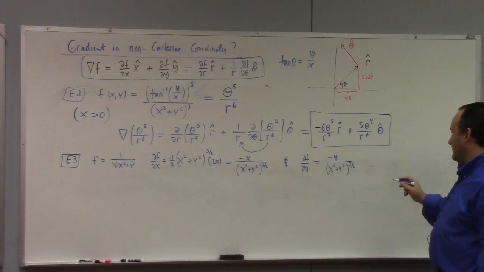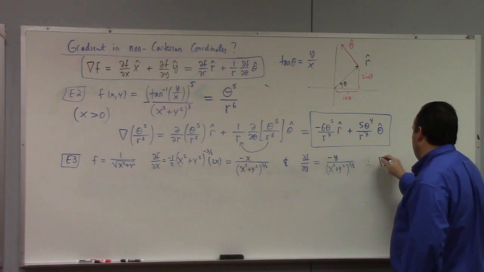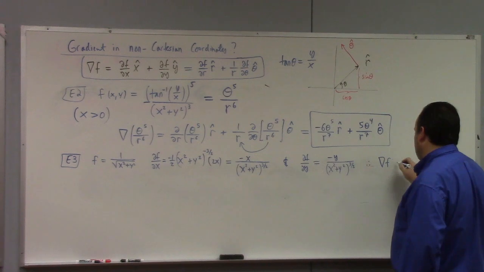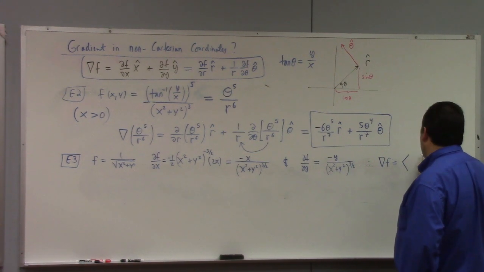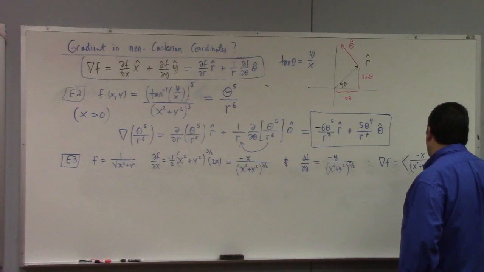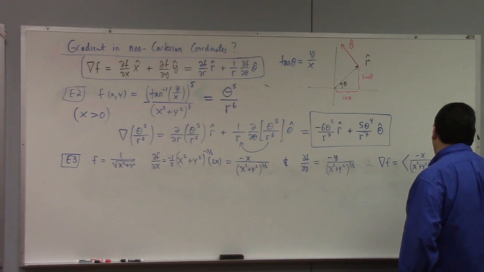So what's my gradient? My gradient of f is apparently minus x over x squared plus y squared to the 3/2, minus y over x squared plus y squared to the 3/2.